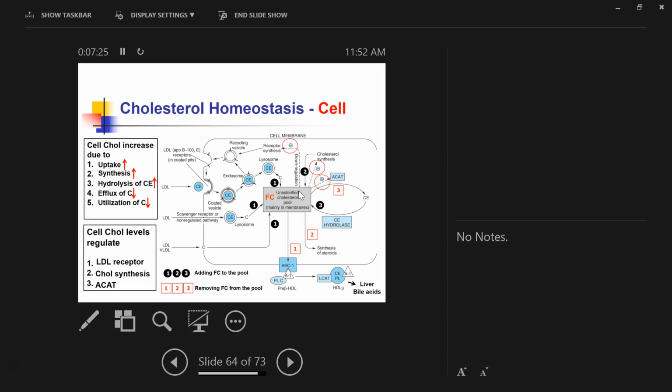ACAT is located inside cells, and the function of this enzyme is to catalyze esterification of free cholesterol to cholesterol ester, right? And LCAT is a similar enzyme that catalyzes the same reaction, but has a different location. So LCAT is present in the plasma, right?